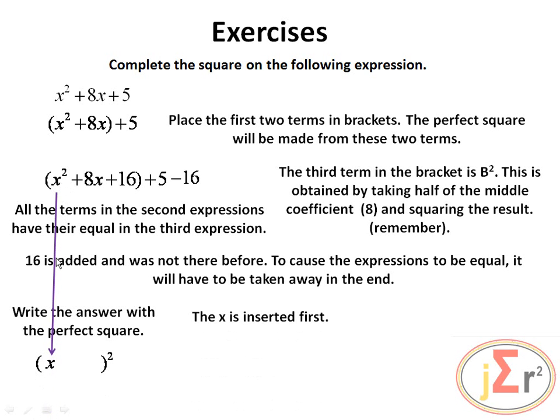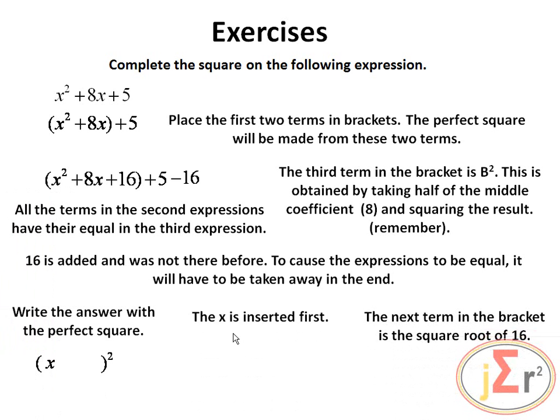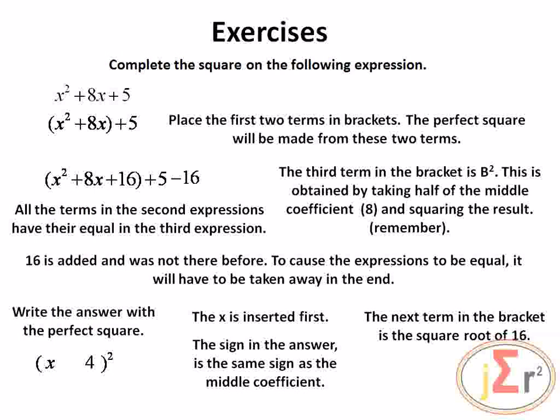And then the next term in the bracket is the square root of 16. The square root of 16 is 4. The sign in the answer is the same sign as the middle coefficient. And of course, at the end, 5 minus 16 is equal to negative 9, and that's all there is to it.